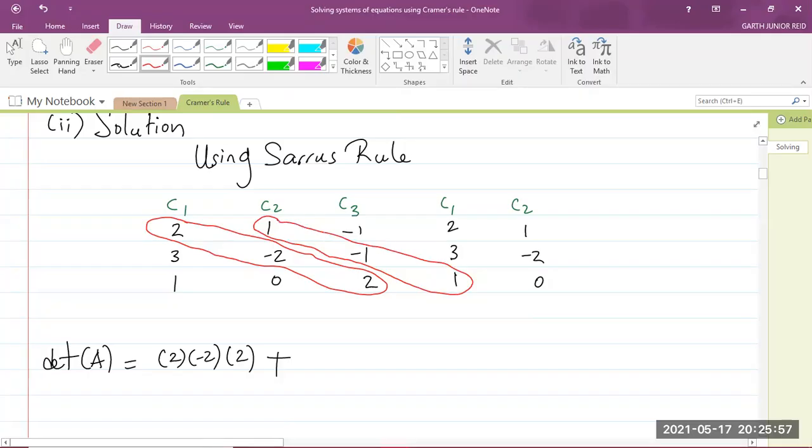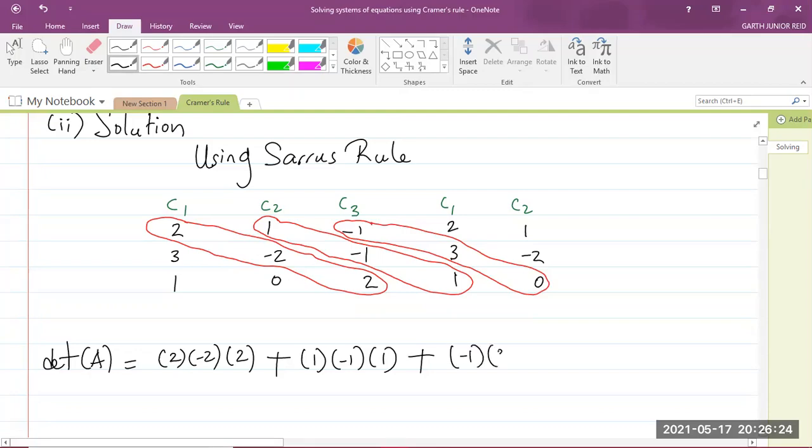So I will have 1 times negative 1 times positive 1, plus one more diagonal remaining, which is the negative 1, 3, and 0. So we're multiplying them: negative 1 times 3 times 0.